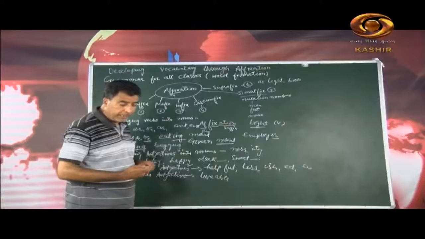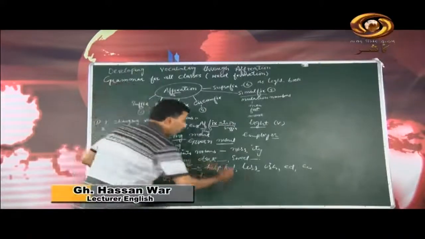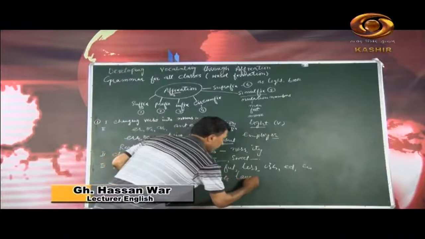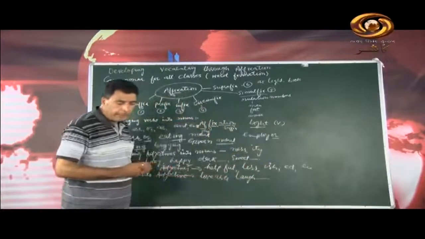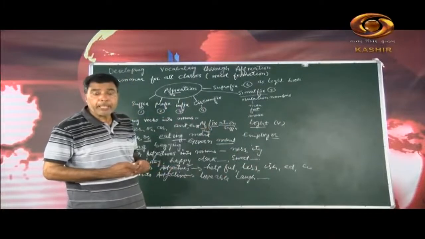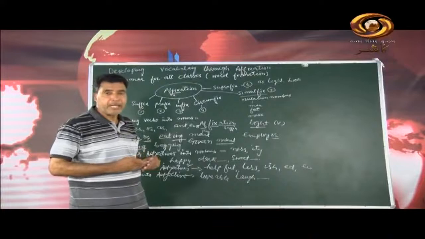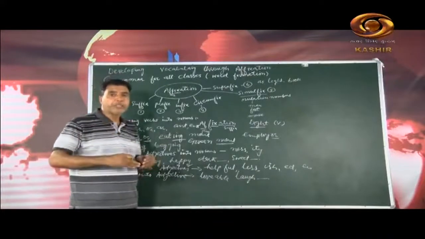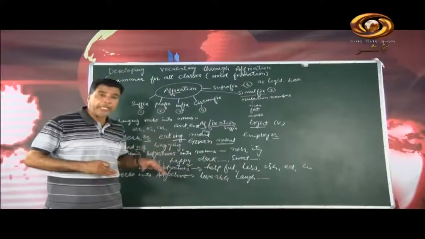Or let me tell you one more word, laugh, laugh as a verb. So ABLE, laughable, very good. Then read, can anybody? Yes, readable, that's nice. So this is how we form words from verbs into adjectives.